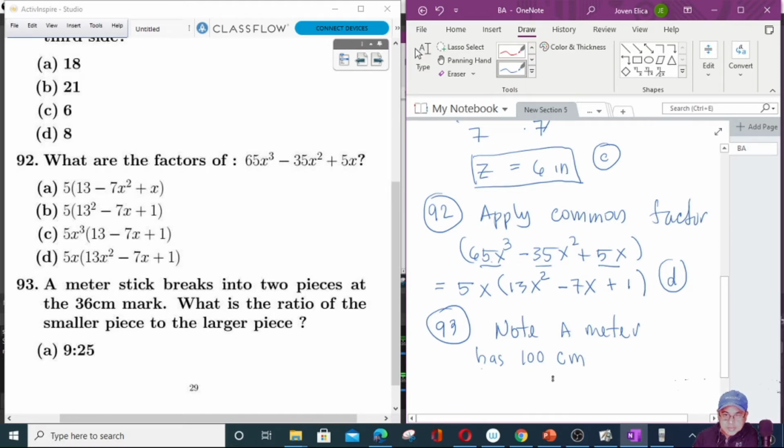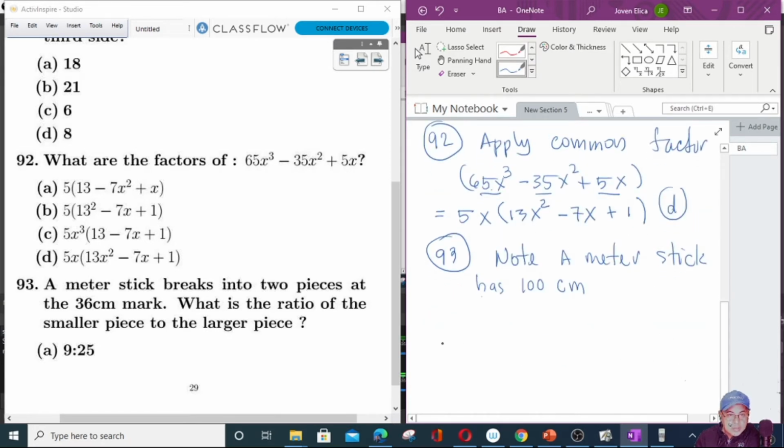That is a meter stick. Right? So the given here is, this 100 centimeter meter stick breaks into 2 pieces.